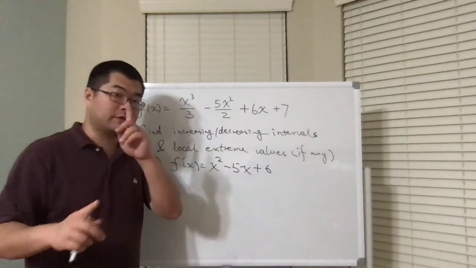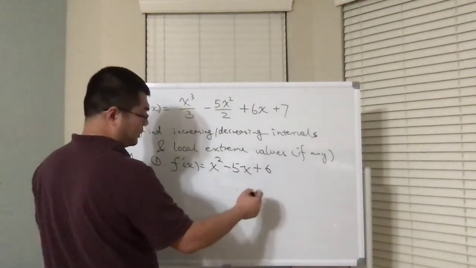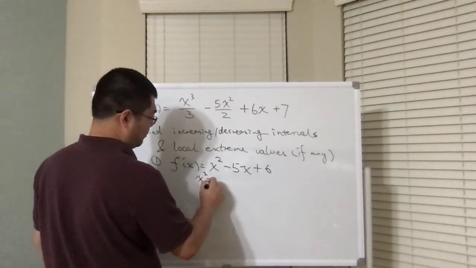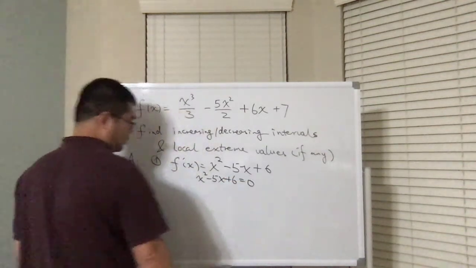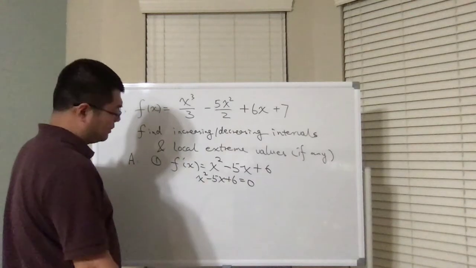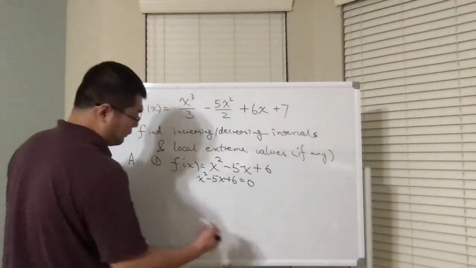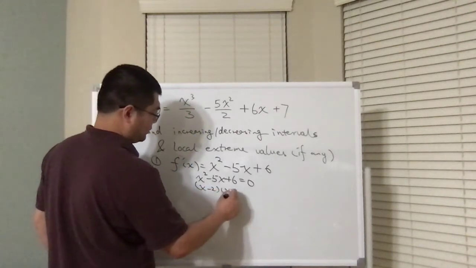So we consider the first part, finding the critical points that make the derivative 0, that is x squared minus 5x plus 6 equals 0. This is a quadratic equation, and you can either use the quadratic formula or factor it, right? In fact, you can do this.